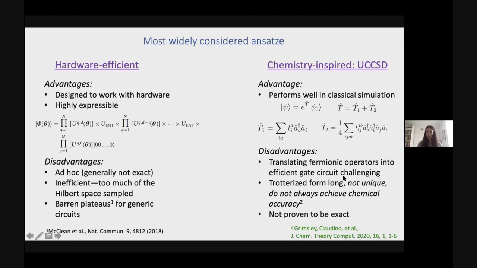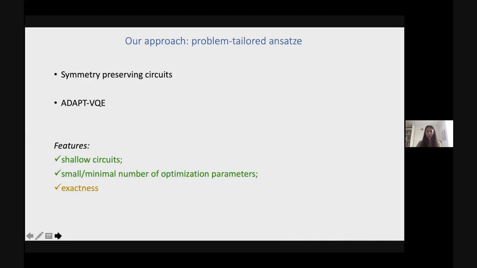So the issue here is that you need to translate these fermionic operators into an efficient circuit, which is a difficult problem because you go back to the issue of Trotterization, which, since you're stopping now at finite order, is not unique. And also we've shown that you don't always achieve what's called chemical accuracy. So there are issues with the two main paradigms of ansatz that are considered for such problems, and that's what we are aiming to improve on.